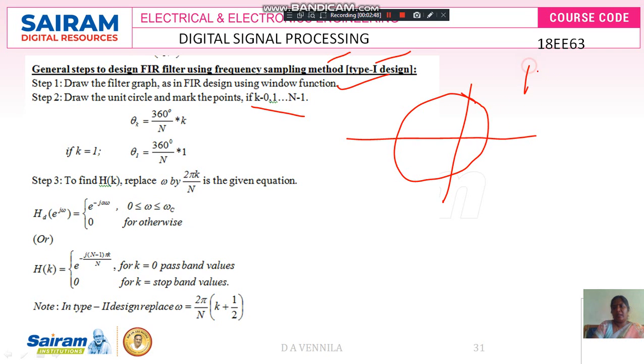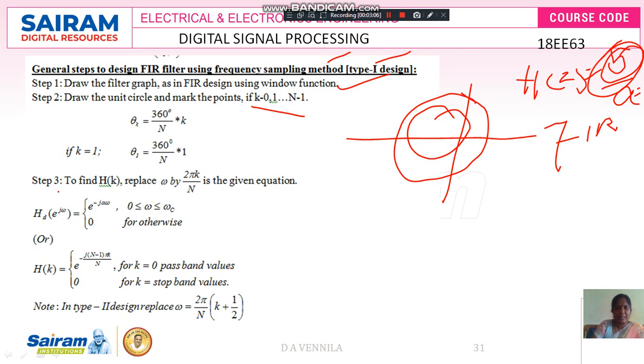H of z will have both a coefficients and b coefficients. Here we are discussing the FIR filter, so you will have only b coefficients, and the a coefficients will be equal to 1. All the b coefficients should be located inside the unit circle, then only we can say it is stable. Now, draw the unit circle and mark the points from k equal to 0 to N minus 1, that is for 360 degrees.